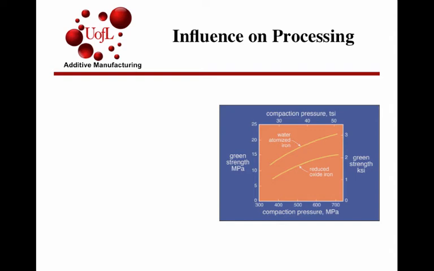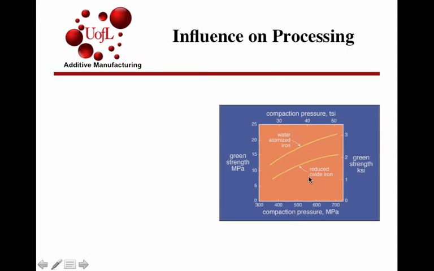Here's an example of green strength plotted as a function of compaction pressure. One of the key things about learning the influence of powder characteristics is the way they impact processing outcomes. Here, for example, with a traditional powder metallurgy process, die compaction, you have green strength plotted as a function of compaction pressure for two different kinds of powders.